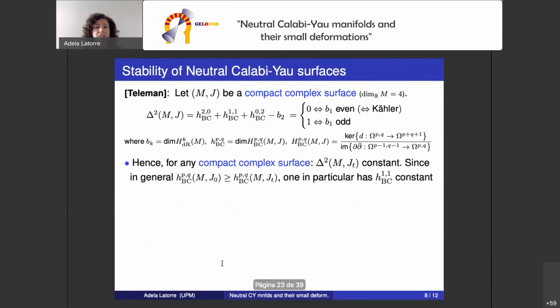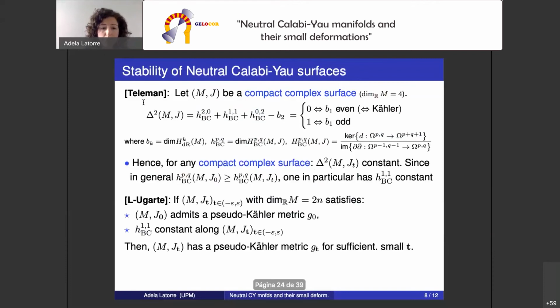The first thing we saw is that when we deal with neutral Calabi-Yau surfaces, they are stable. The result comes from combining some previous result of Teleman with one result we had about the stability of pseudo-Kähler manifolds when this number here, which is related to Bott-Chern cohomology, remains stable along the deformation.